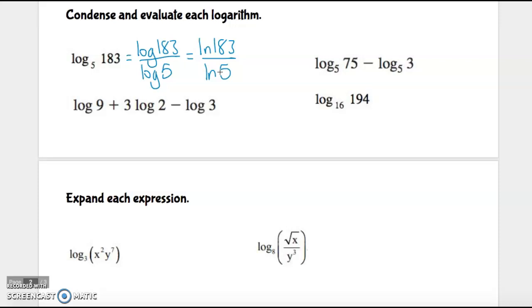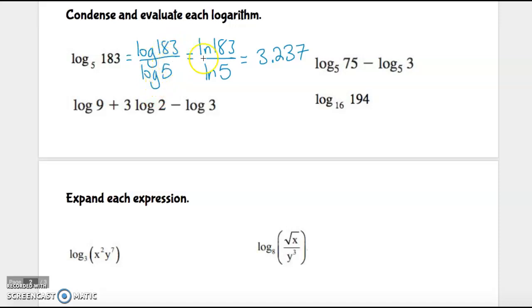So natural log of 183, close parentheses, divided by natural log of 5, close parentheses, would give me, rounding to 3 decimal places, 3.237. Again, your natural log button on your calculator is right next to your 4, and then regular log, or common log, is right next to your 7.